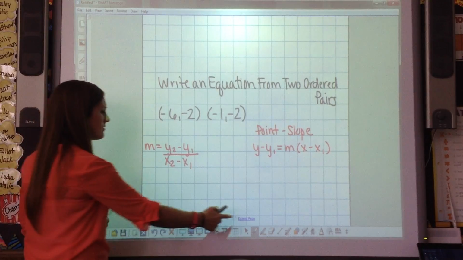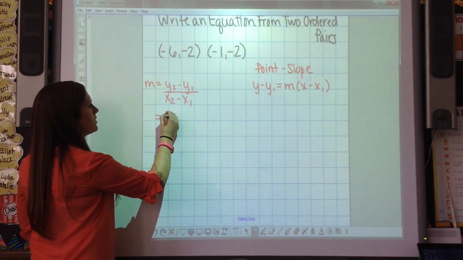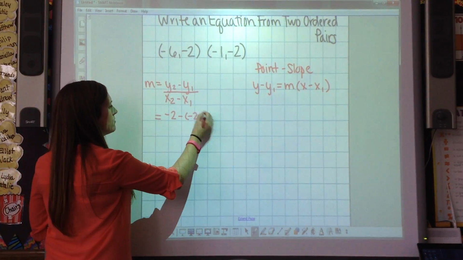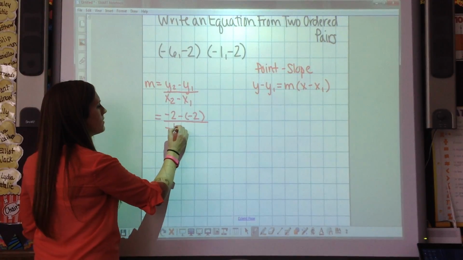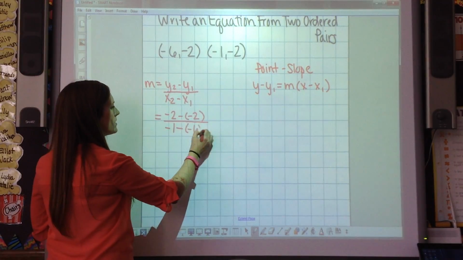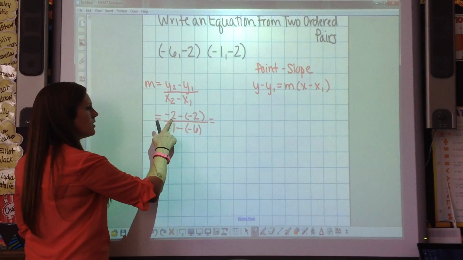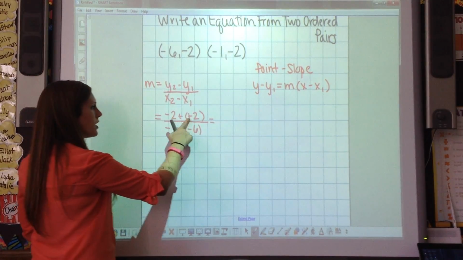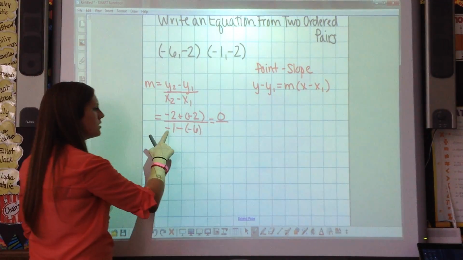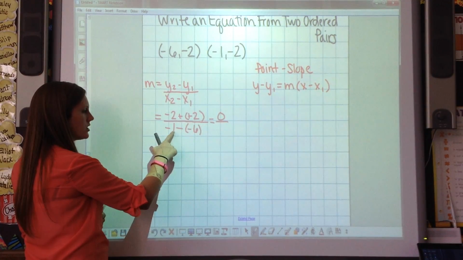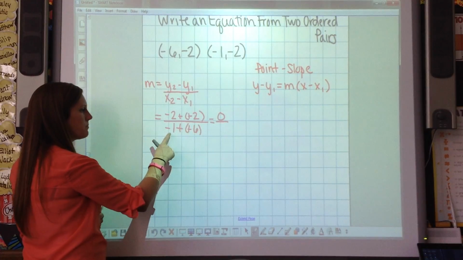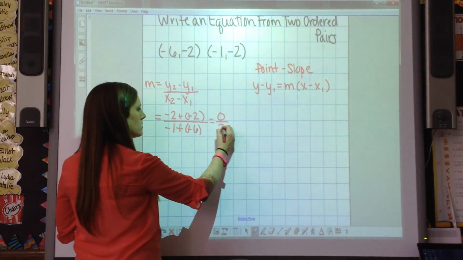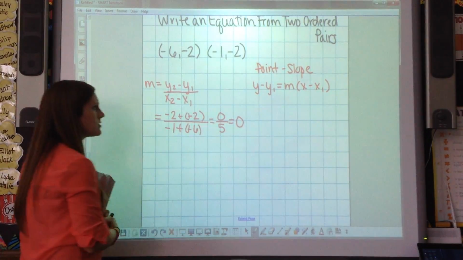So I'm going to plug in the information. -2 minus a -2 all over a -1 minus a -6. Can't do subtraction, so keep switch opposite. -2 plus 2 is 0. Can't do subtraction. Keep switch opposite. Different sign difference. Simplify. We have a slope of 0.